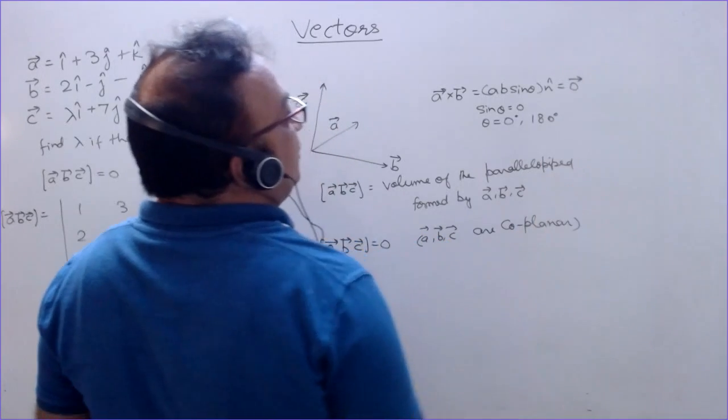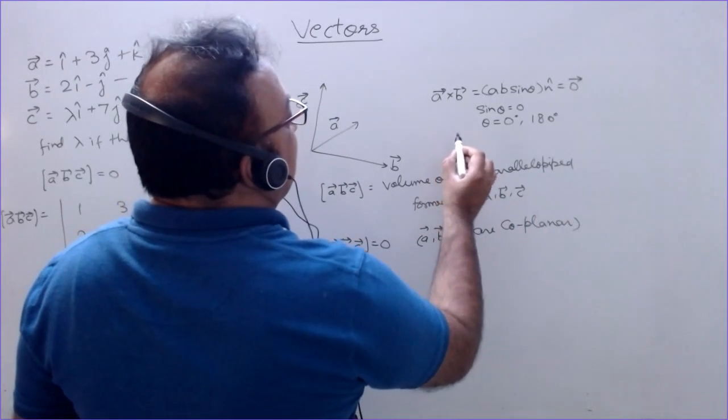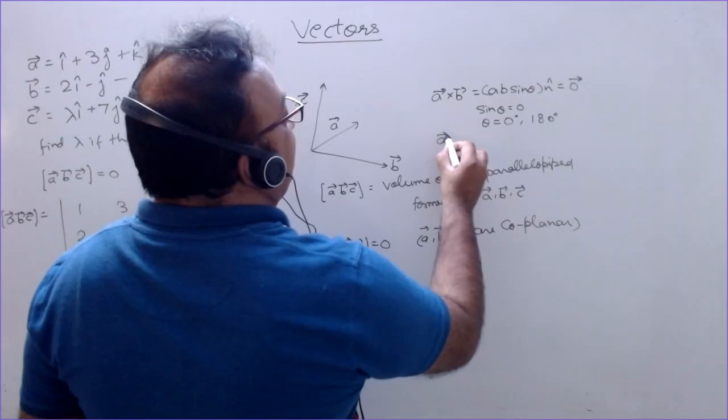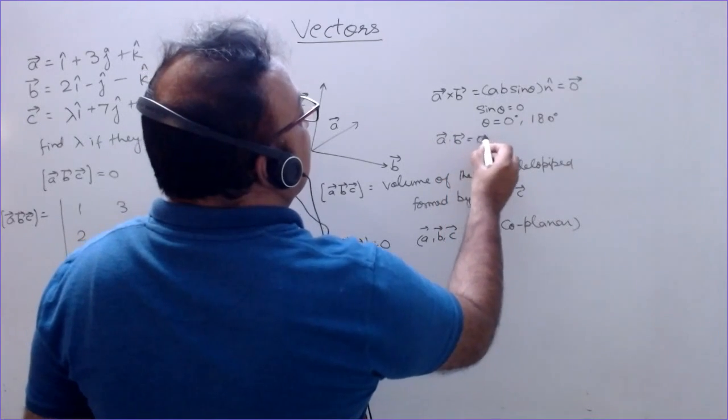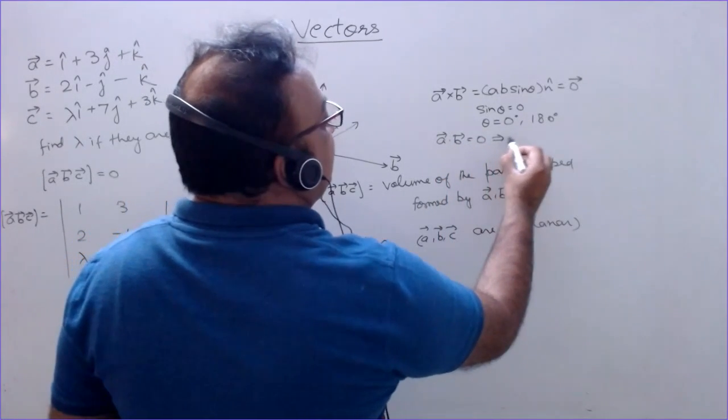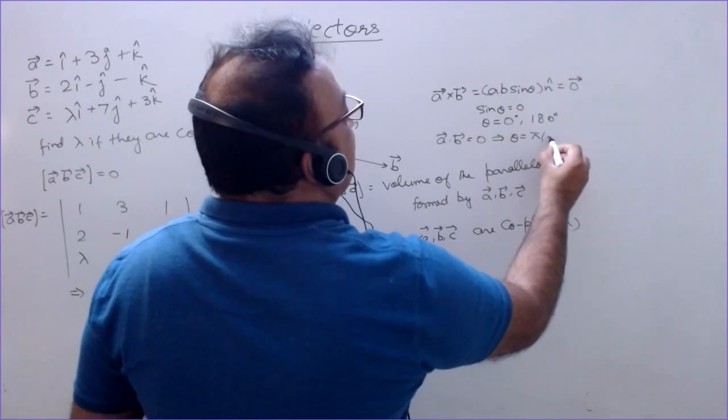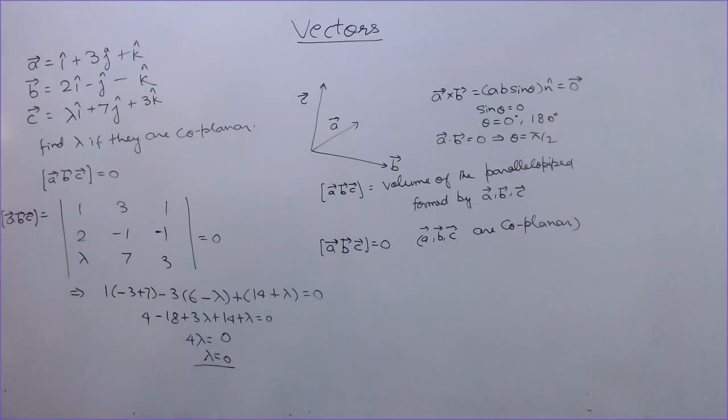Vectors are parallel or anti-parallel. So if A dot B is 0, this is not a vector. This gives theta is equal to 90 degrees. The vectors are perpendicular to each other. So this is about the cross product of the vectors.